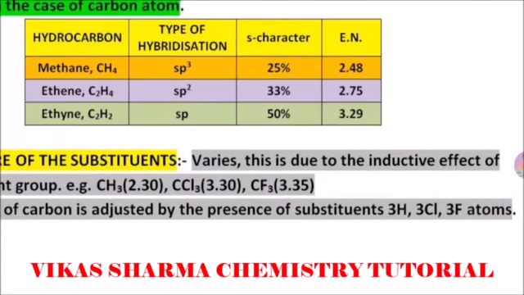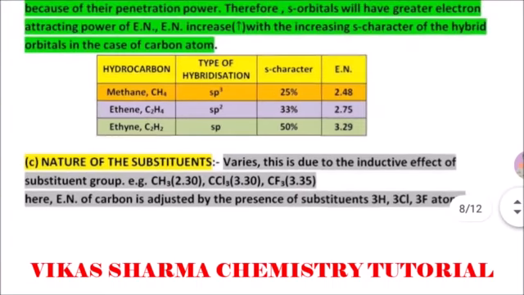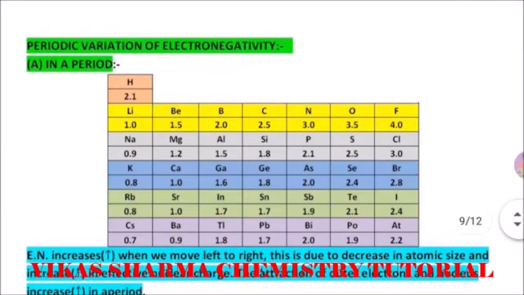Fluorine is the most electronegative atom, so it shows higher electronegativity. So the nature of the substituent also affects it.